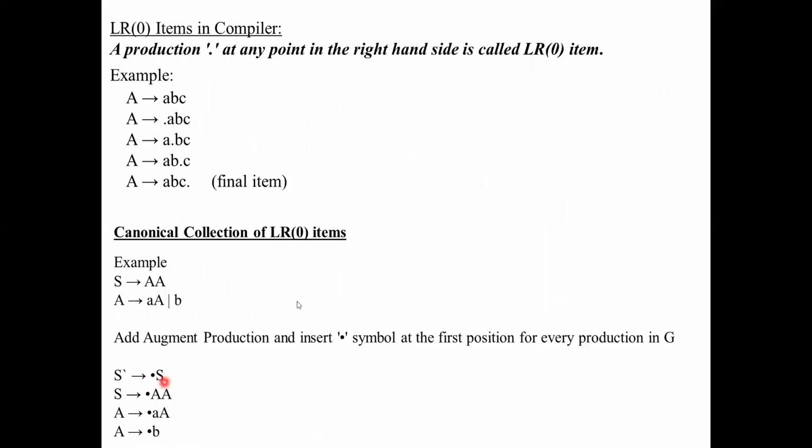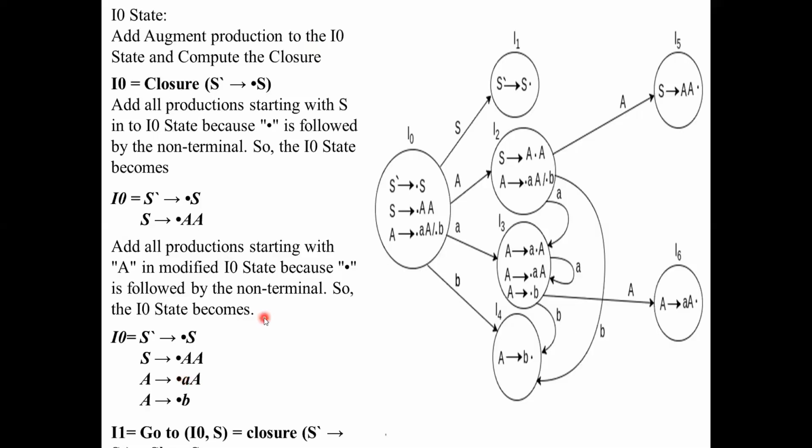We write down each and every production here. This is the first closure, called the I0 state. Now, one by one, we shift this dot to the right in the productions, and when the dot reaches the last part of the production, that is the final state. We apply this theory one by one to understand the meaning of closure and goto.